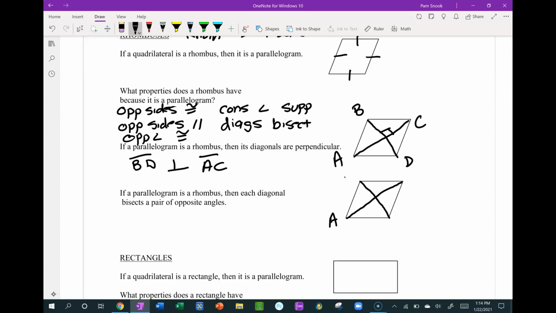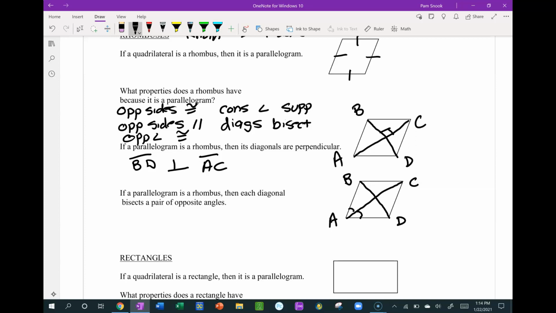So A, B, C, D. And then what this means is that this angle here is congruent with that one. So those two angles down at A are congruent with each other.